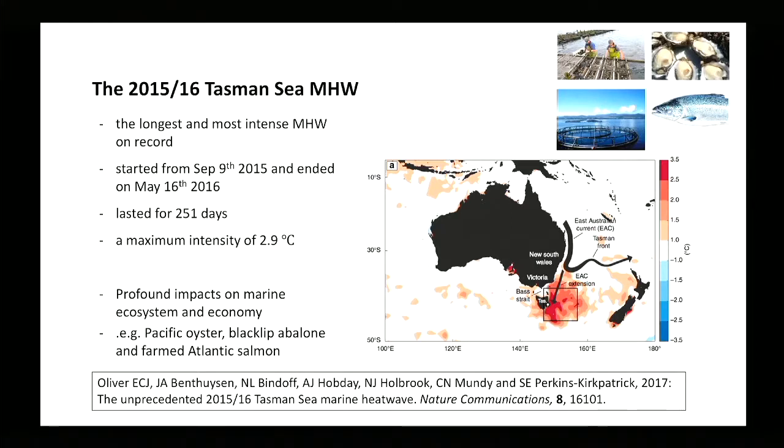And this event was unprecedented for this region, for this part of the Tasman Sea. It's a region where, for those people who aren't oceanographers, we get the East Australian Current coming down the east coast of Australia that's fed by the South Equatorial Current up here.